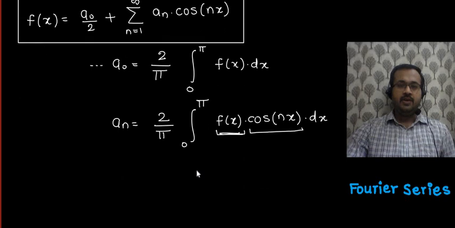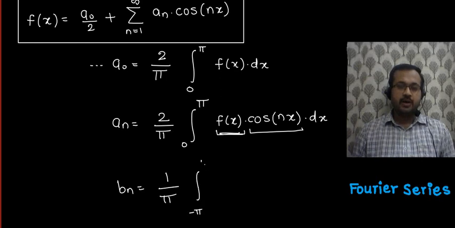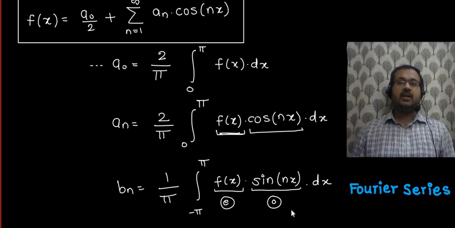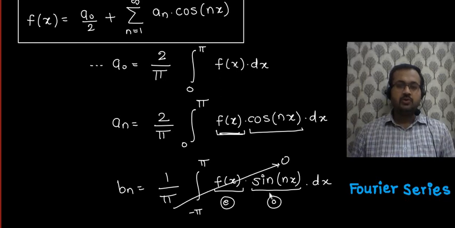And now what about bn? Since we were calculating integration from minus pi to pi and the product of f of x, since it is even, with sin nx, since it is odd, the product of one even and one odd function is always odd, and by using integral properties of odd functions in the range minus pi to pi, this value will be equal to 0.